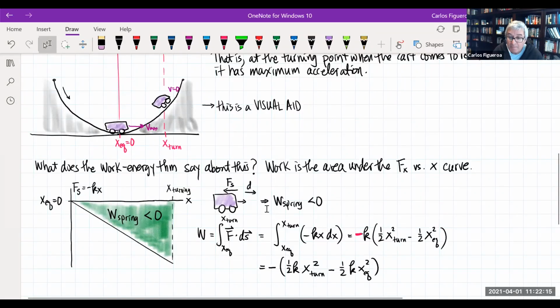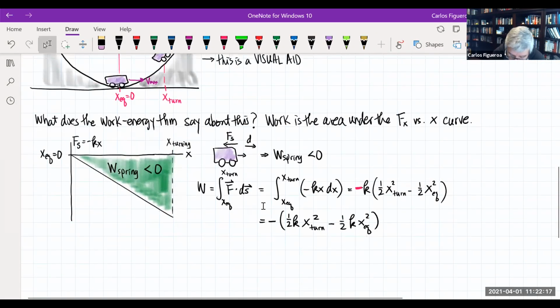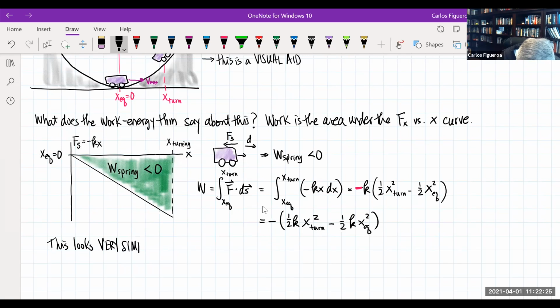And if you make some analogy with this here, this looks very similar to the work equal to the change in kinetic energy. Because when we did this, we had 1/2 mv2 squared minus 1/2 mv1 squared.